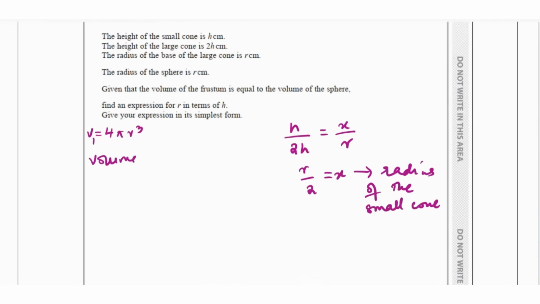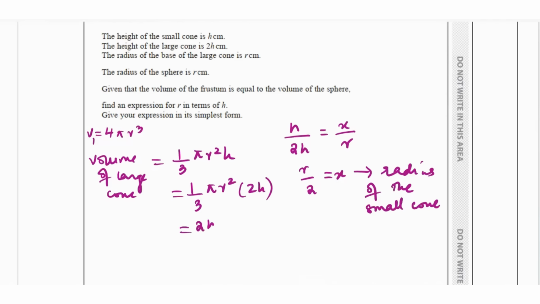Volume of the large cone is 1 over 3 pi r squared h. So r is r and h is going to be 2h.